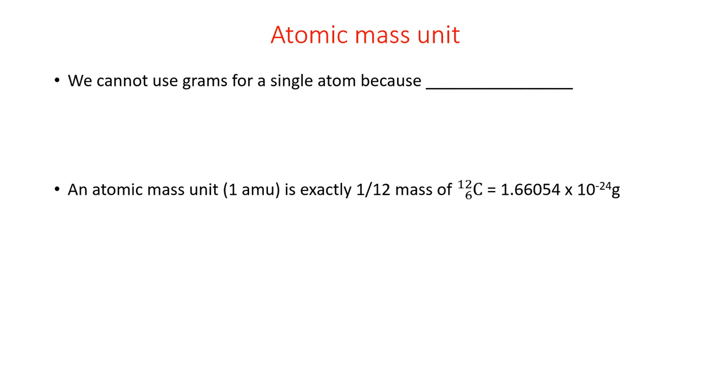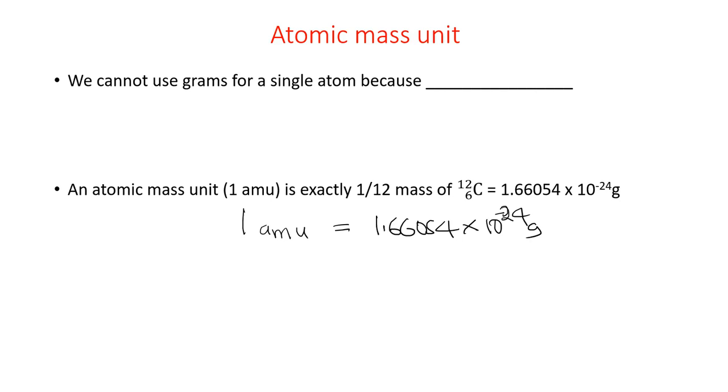One atomic mass unit is equal to 1.66054 times 10 to the power negative 24 grams. So you can see it's really tiny. It's a very small mass.